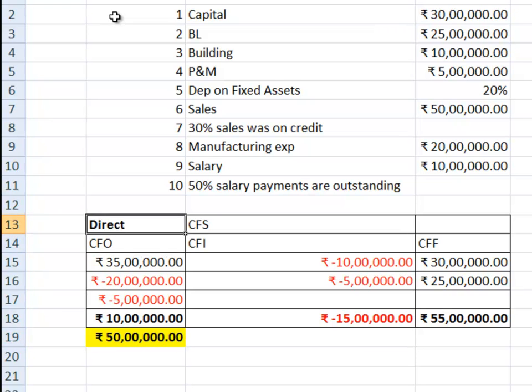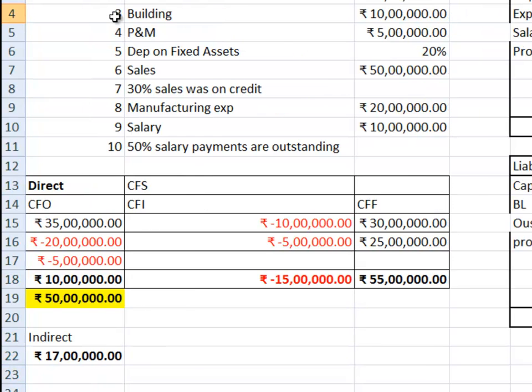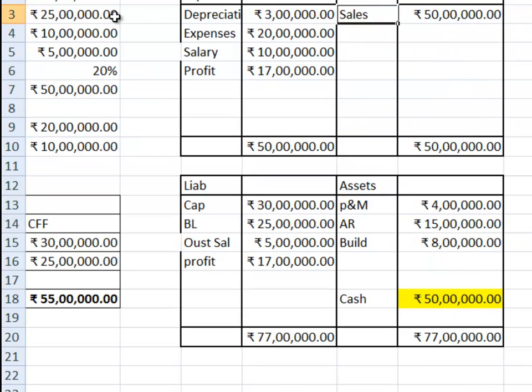With indirect method, I have to start with profit. So amount of profit here is 17 lakhs. Now I look at this profit income statement carefully. I look at the balance sheet carefully. Sales is 50, but is any part of the sales made on credit? So I look at the accounts receivable. It has increased by 15.